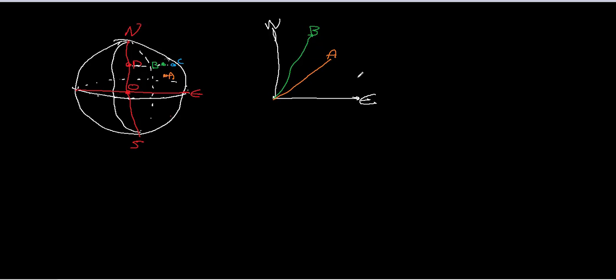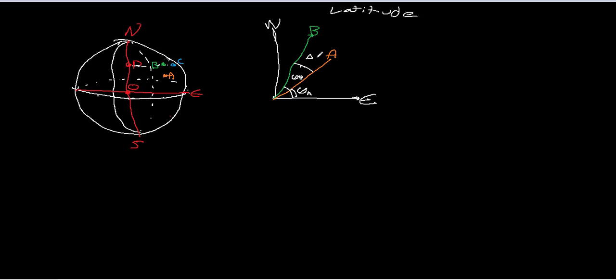This is the sort of latitude. This is our latitude. We're going to call this angle here theta A, and this angle right here theta B. We're going to call the difference between A and B delta theta.